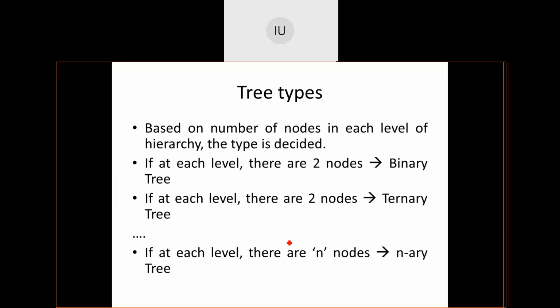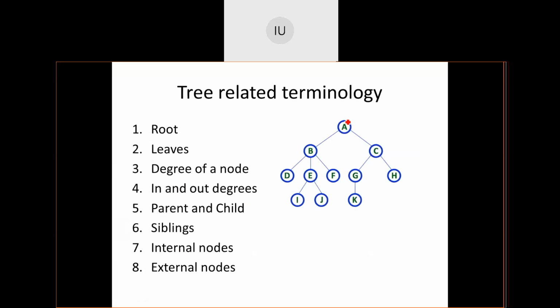Now, there are different types of trees. The types are decided based on the number of nodes in each level of the hierarchy. What is this level of a tree? Please don't look at the left hand side, look at the right hand side.